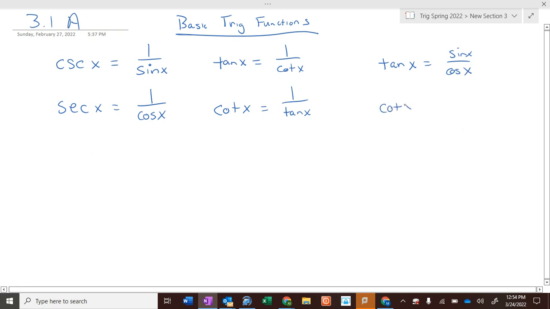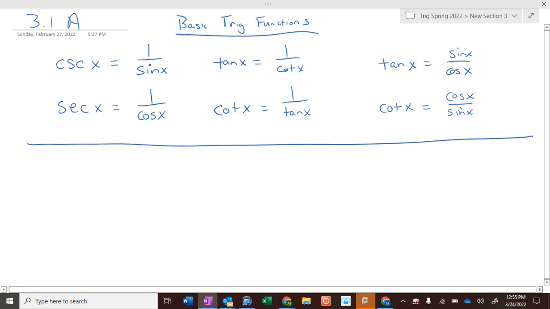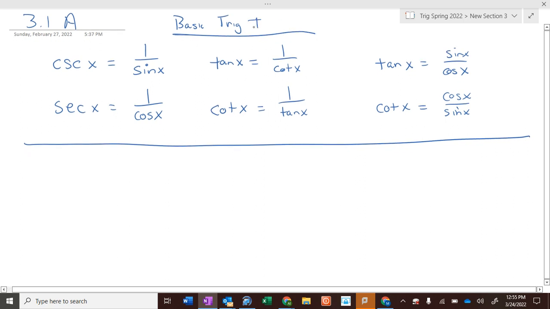And the cotangent of x would be equal to cosine of x over sine of x. So those are the 6 basic trig functions. Or I should call them basic trig identities. That's what I should call them.